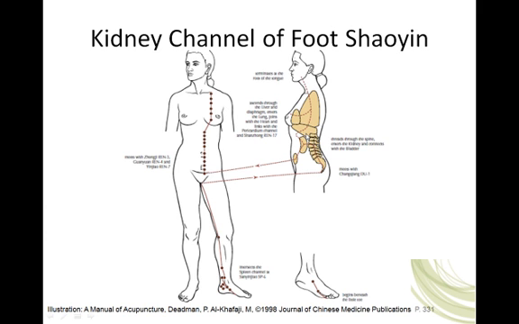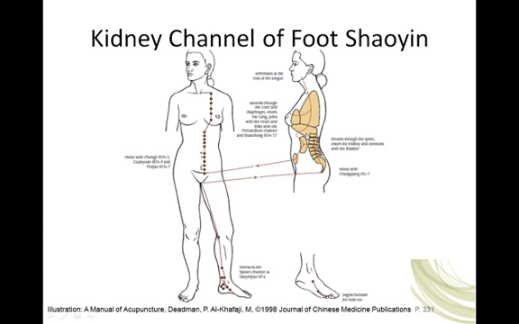What else do we know about the kidney? We know the kidneys house the will, the zhi. They're the root of the original yin and yang of the body. They can serve and control the Ming-Men fire. And they are the foundation for the Ren and the Chong, the conception vessel and the penetrating vessel.